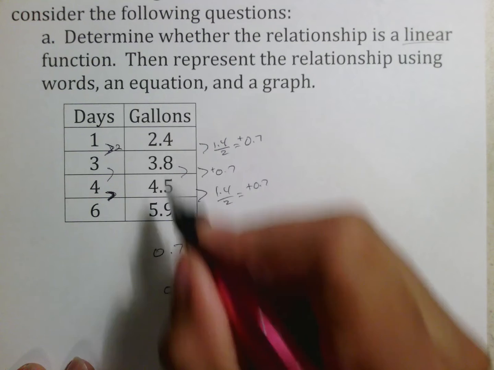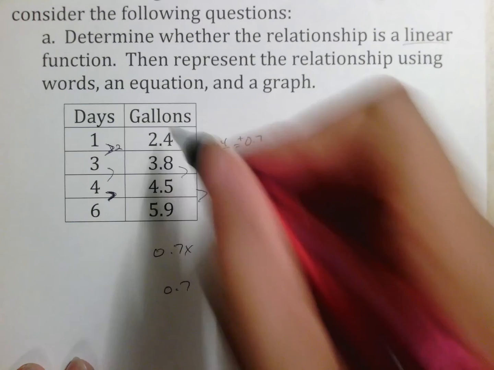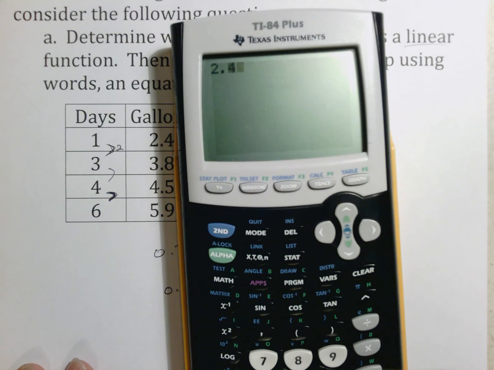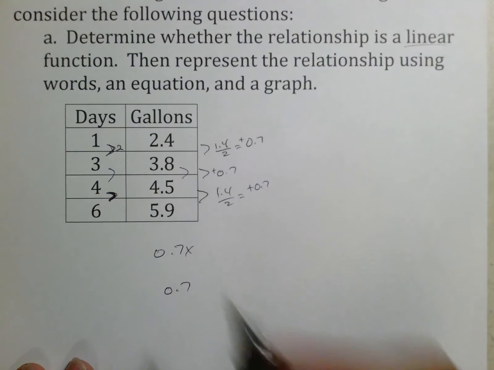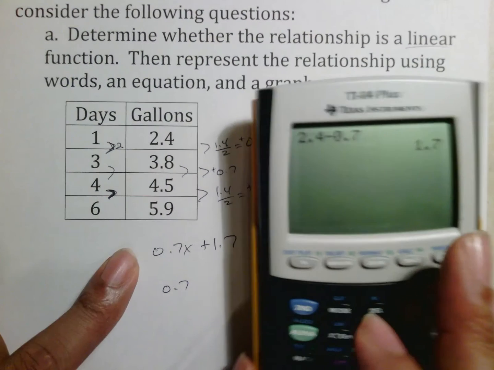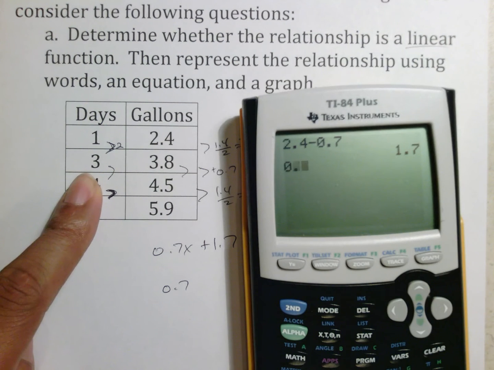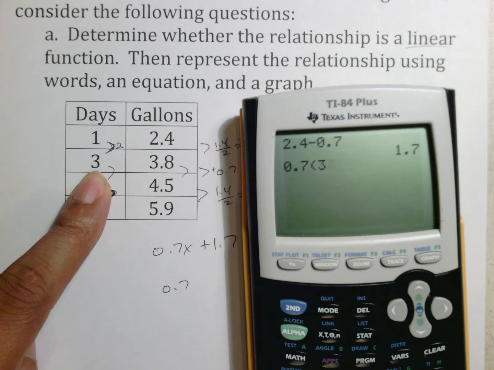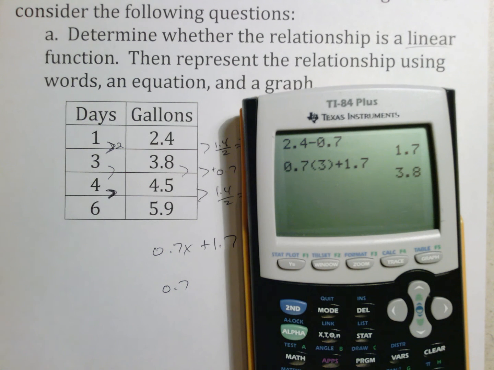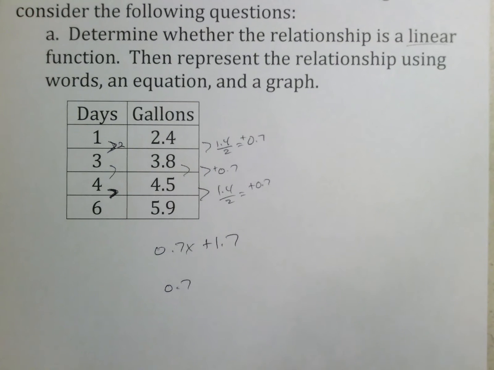And we need 0.7 to get to 2.4, so we need the difference or the distance, and so I'm just going to do 2.4 minus 0.7, which tells me that I must have to add 1.7 to it. And again, you can always check with your calculator real fast, doing 0.7 times the next number, which is 3, plus 1.7 to make sure that it matches. And it should also do the same thing for 4 and 6.